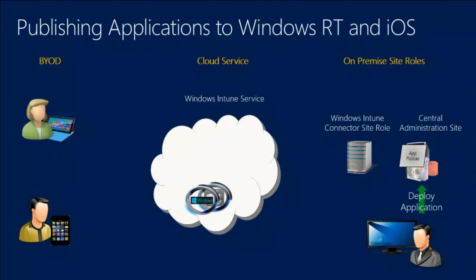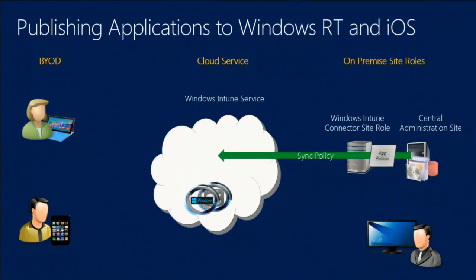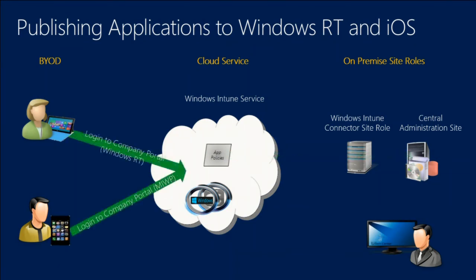Once that happens, the application is sitting in the cloud. Actually, we use Azure Blob Storage to host that application. And then the application policies also sync down, and they are stored in the Windows Intune service in the cloud. So when the end user tries to log into the company portal, what they get is the initial Intune login token.